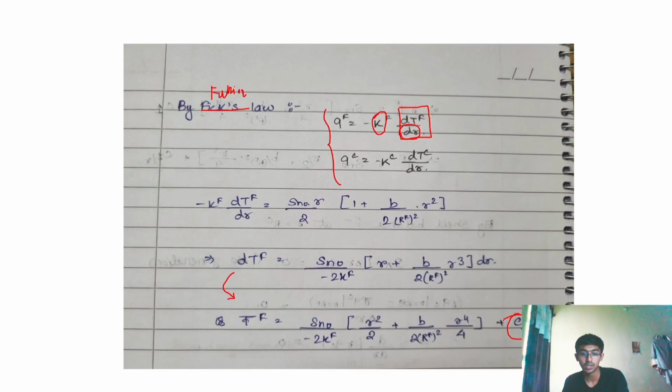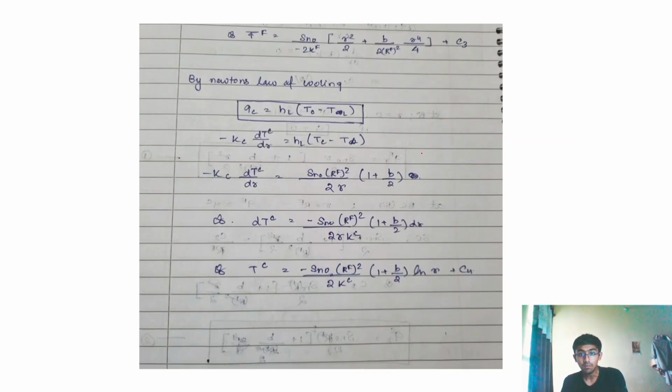We get some constant here, and by applying the same on the cladding section, with Fourier's law and S naught r_F squared by 2r times (1 plus beta by 2) as q_C, we can find T_C, by integrating d T_C to get T_C.